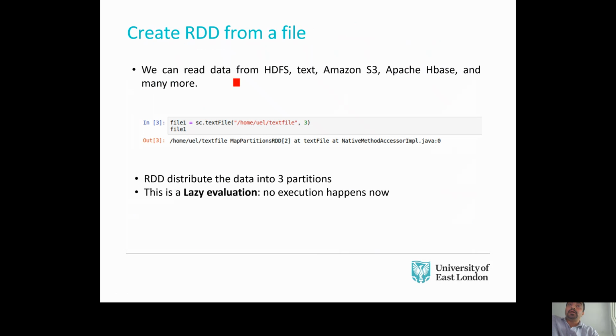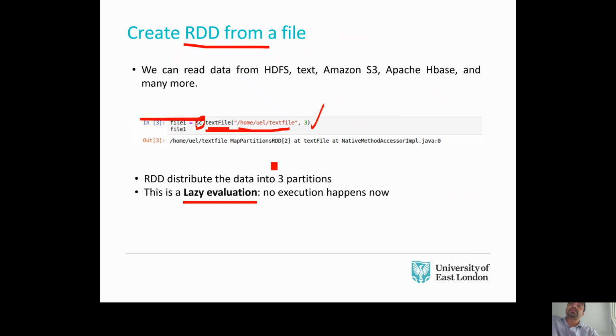Another way to work with RDD is to read a file directly from your local machine or from anywhere. In this case, you have to say sc.textFile. I'm going to get this file and divide it into 3 portions. Guys, for RDD, we say this is lazy evaluation. What does it mean? It means once you run this block, there is no execution of the code.